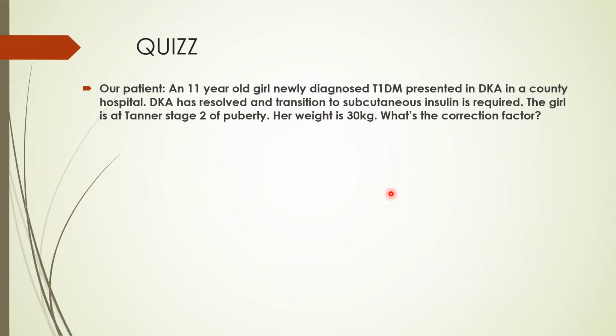Remember, we did the calculation and we got the total daily dose of insulin to be 24 units. So what will be the correction factor? And a hint, the child has been put on Lantus and Actrapid or regular insulin. So what will be the correction factor?